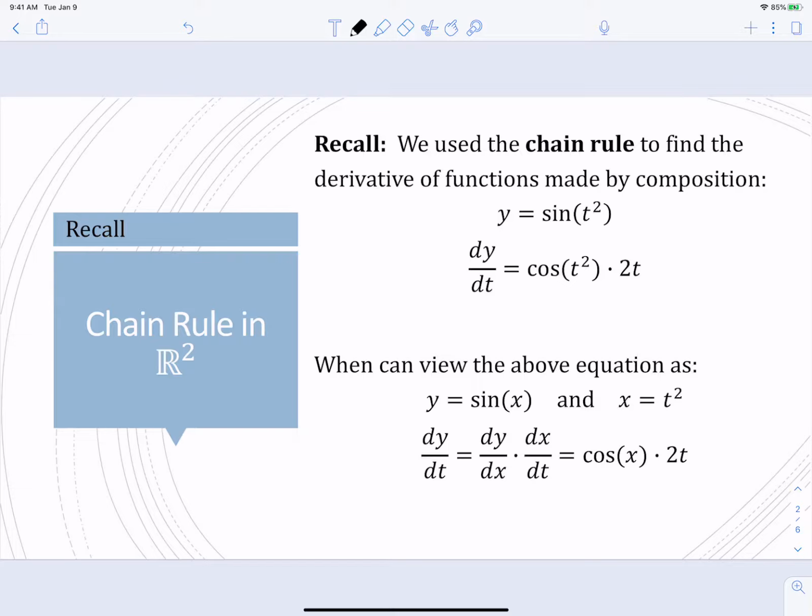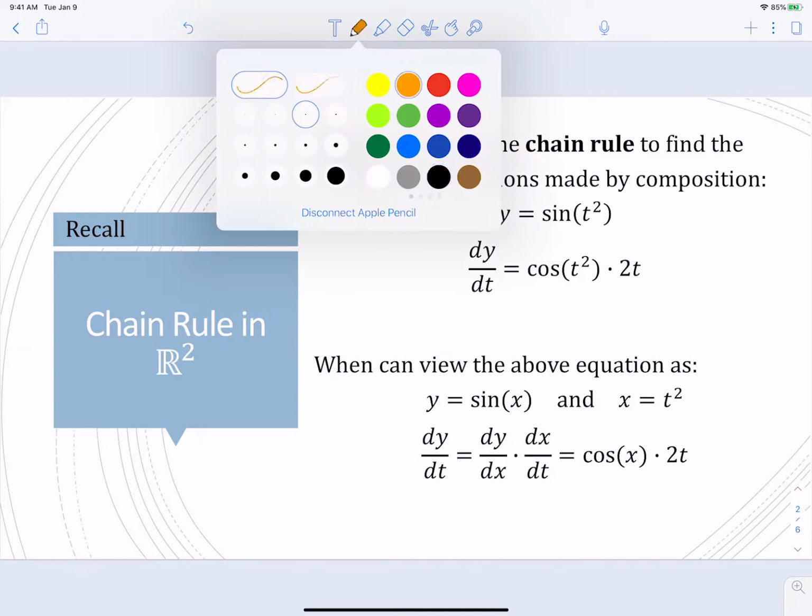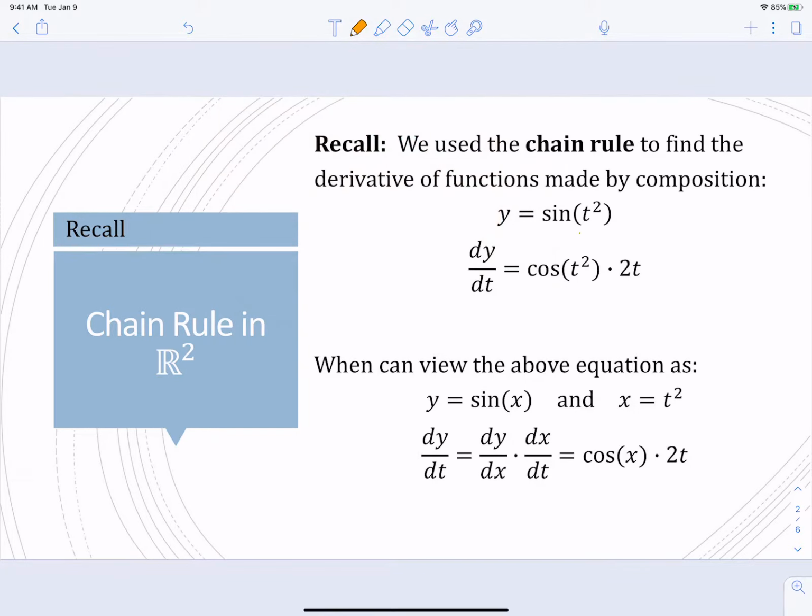So for example, we've got our sine function here, and we've got plugged into it t squared. So we took that quadratic function, we plugged it into our sine function, and when we take the derivative, we know we take the derivative of that outside function, which is that sine function, and then times the derivative of the inside function, which is our t squared.